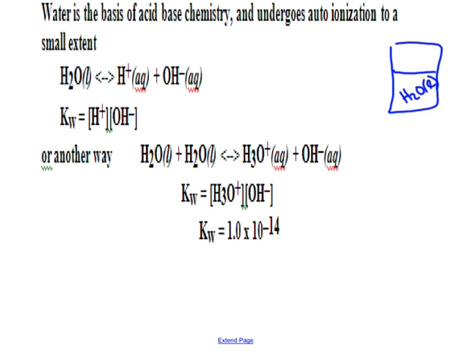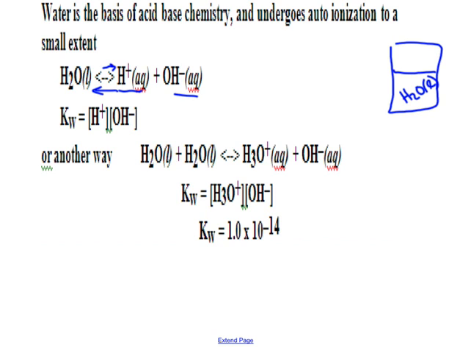Water actually ionizes a little bit, not a lot. Water will ionize into H+ and OH-. Not very much. Otherwise, you'd be drinking a lot of ions when you're drinking water, which wouldn't be necessarily a good thing. So if I were to draw arrows, it would be very much favored in the reverse direction.